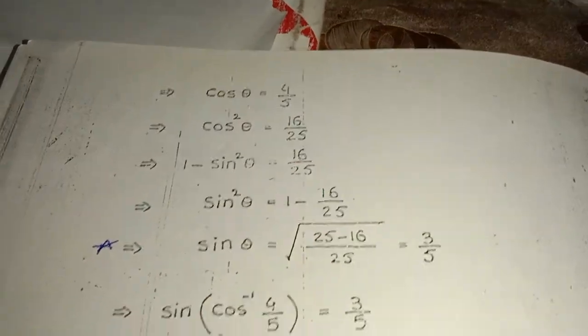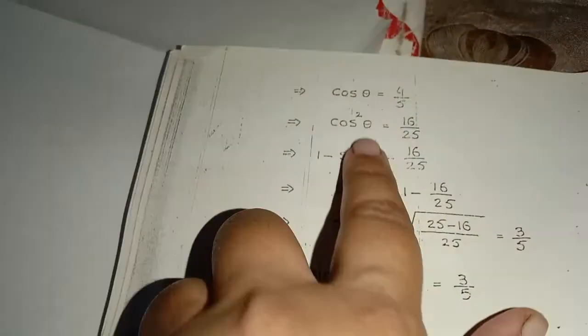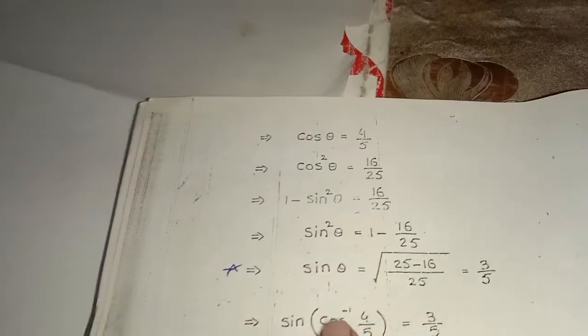We know that x is equal to r cos theta and y is equal to r sin theta. Putting values, we can solve it by putting values. Here cos square theta is written in the form of 1 minus sin square theta.